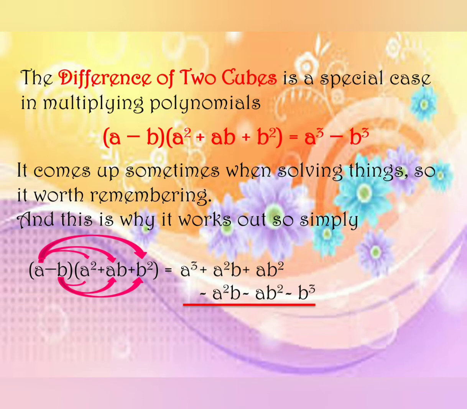So the middle terms cancel out and the remaining answer will be a cubed minus b cubed.